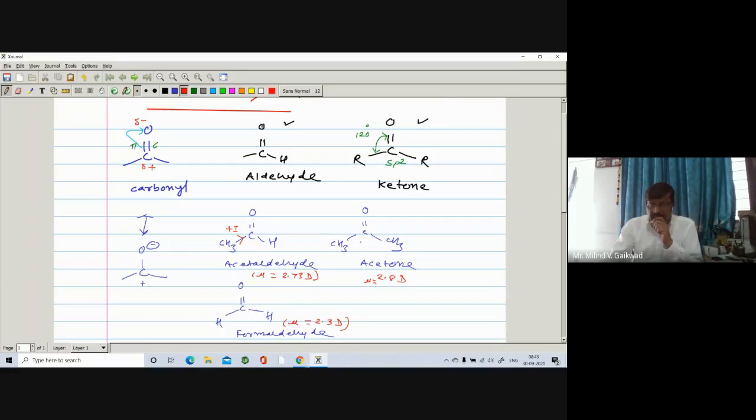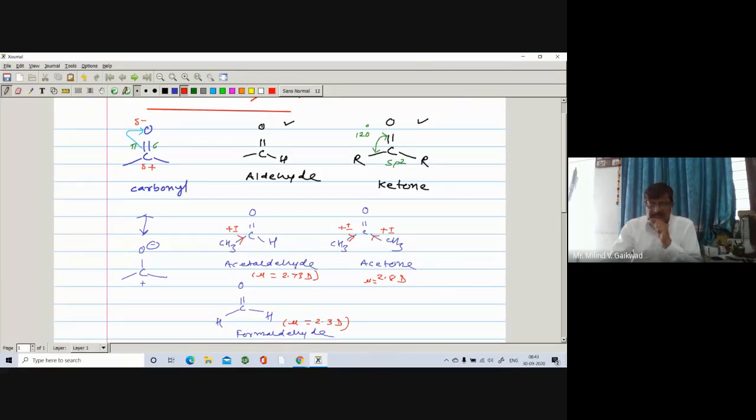Similarly, in case of ketone, here acetone, there are two R groups, here methyl groups, which exhibit plus I effect. So the positive charge on the carbonyl carbon will get decreased as compared to acetaldehyde. Why? Because in acetone there are two R groups, so the intensity of the positive charge on the carbonyl carbon is less as compared to acetaldehyde.